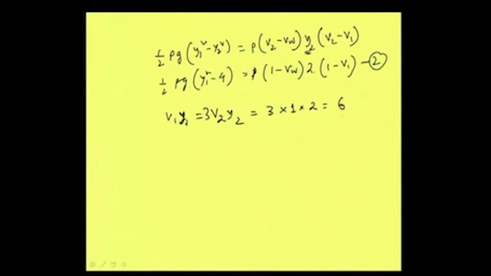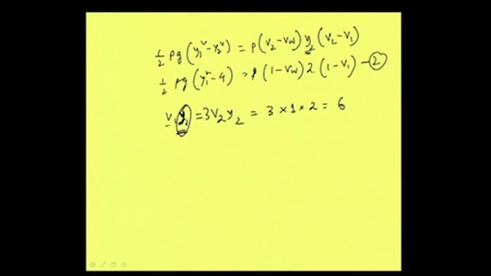So this is one expression, and then we have this other expression, and by solving them we can ultimately get the value of y1, because our target is to know y1. If we know the value of y1, our problem is solved.